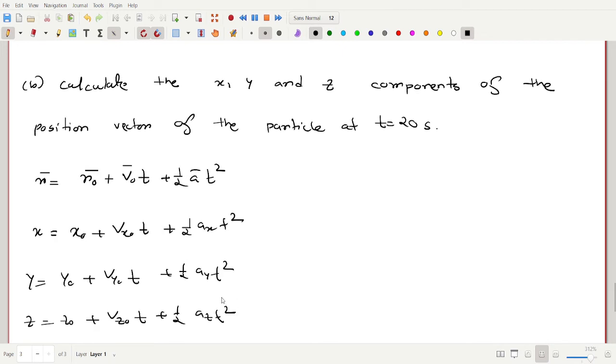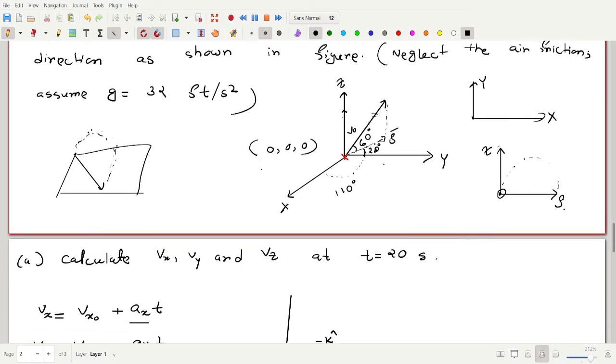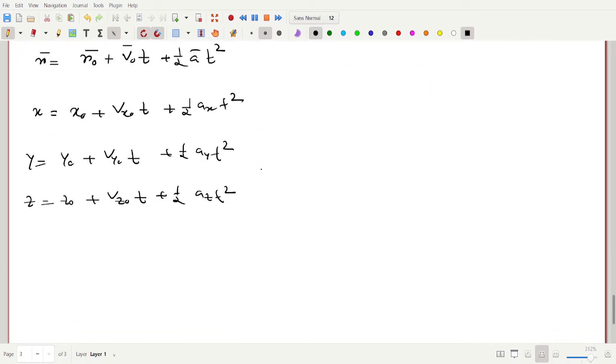We have been given that the origin is the 0 0 0 point, so x naught, y naught, z naught are equal to 0.